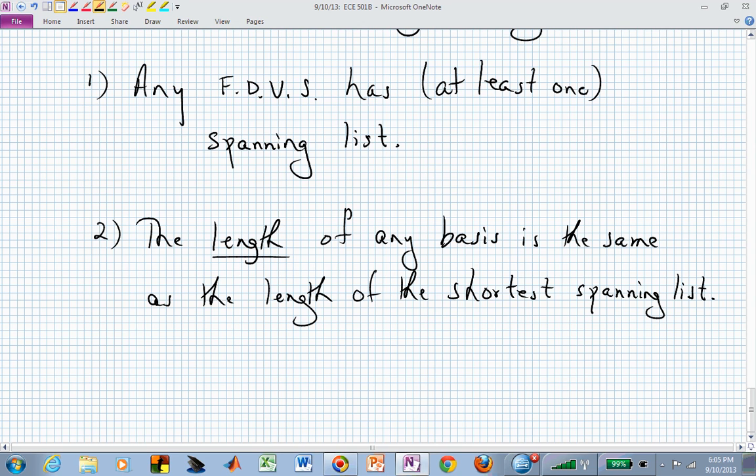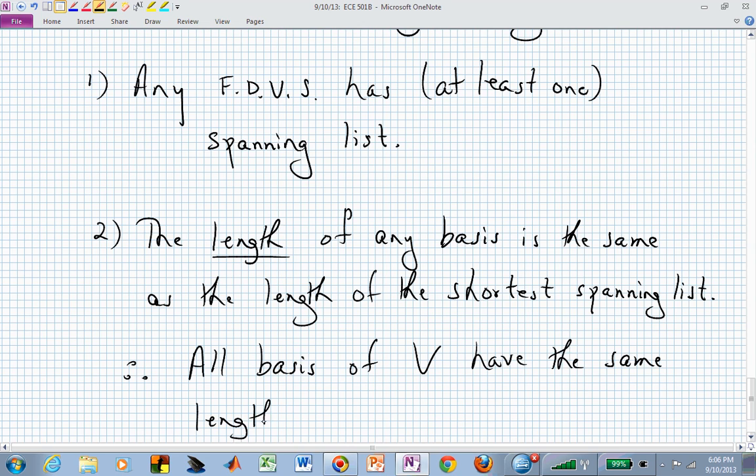Combining those two, the fact that we do have at least one spanning list for any finite dimensional vector space, and the fact that the length of the basis for that finite dimensional vector space is the same as the shortest spanning list, that allows us then to say that therefore all bases of V have the same length.